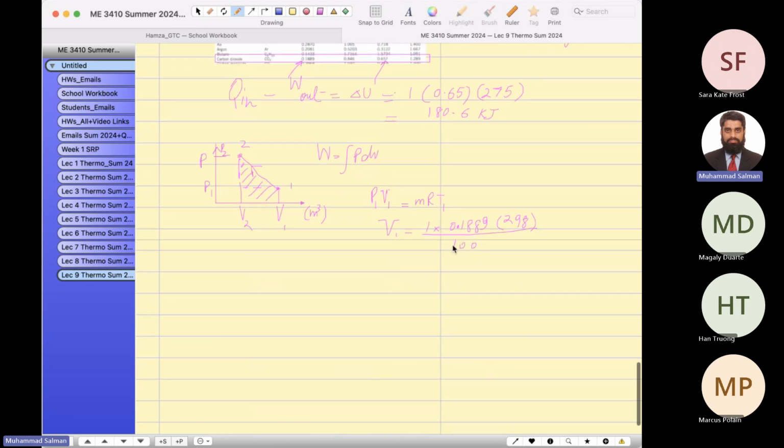So if you compare your answer with this one, can you verify 0.5629? Please check whether you get the same answer. Similarly, we can find out the second volume. Meanwhile, you can keep checking, okay?